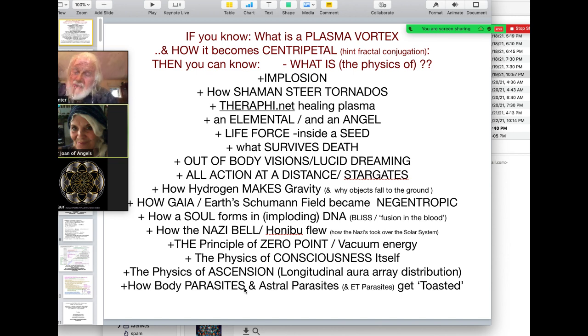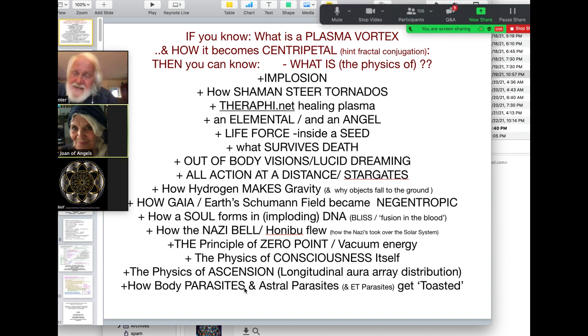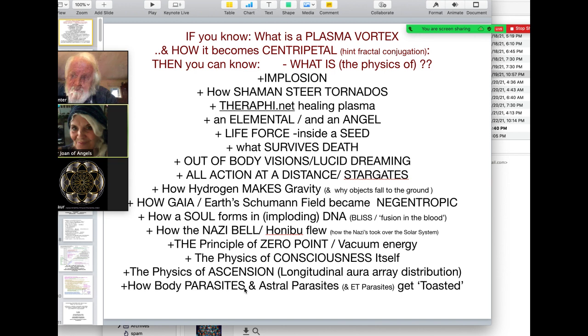So that's called ascension, because that's the process by which your aura becomes centripetal enough and longitudinal coherent enough in that big plasma bubble to enable you to distribute your charge in that fractal dodecaecosa Earth grid array, the collective unconscious. And that perfected distribution, other people call it other dimensional, and we have all these subjective terms.